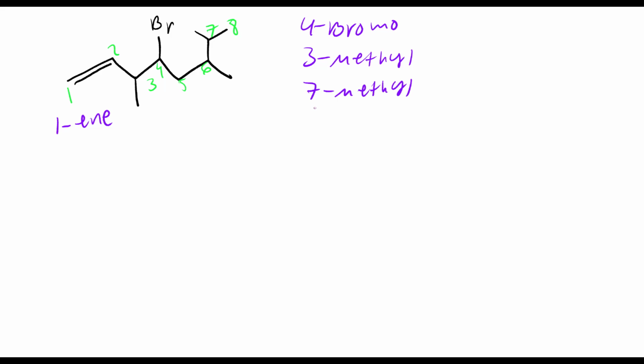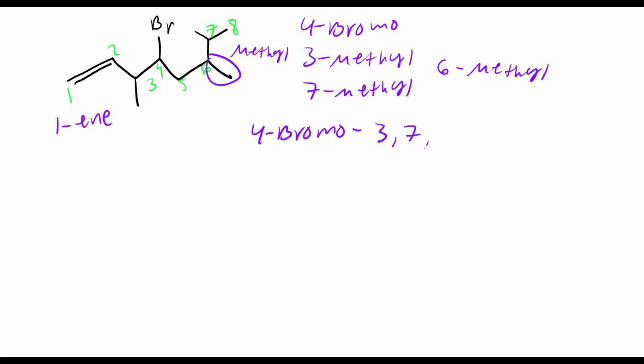So let's put this all together. We have a 4-bromo alphabetically. 2 methyls means that it's a dimethyl, and hence we will say that this is, oh, sorry, I have a methyl right here. So that is a 6-methyl. That means 3 methyls means that it's a trimethyl, and they occur at 3, 7, 6, trimethyl.